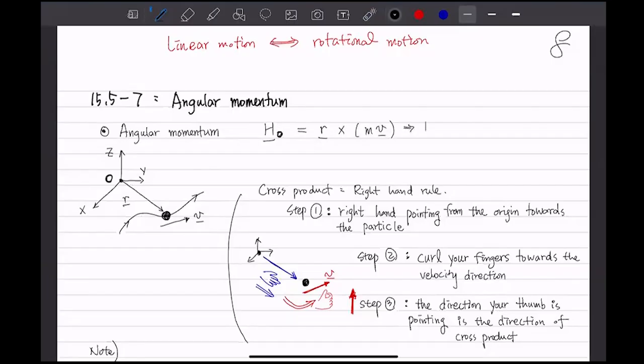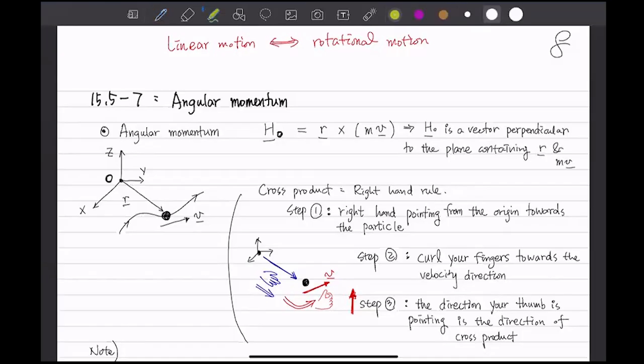And this is a vector that is perpendicular to the plane containing r and mv. Okay, so we just first talk about this definition.